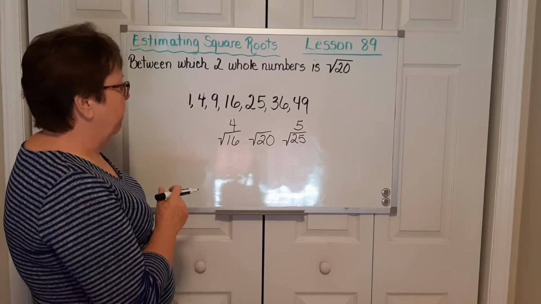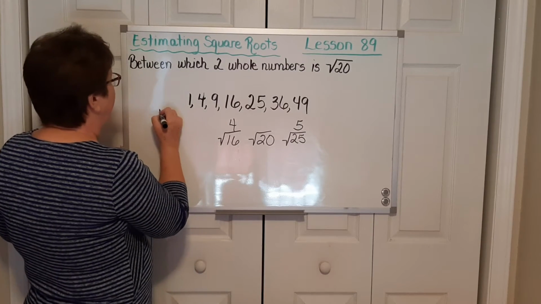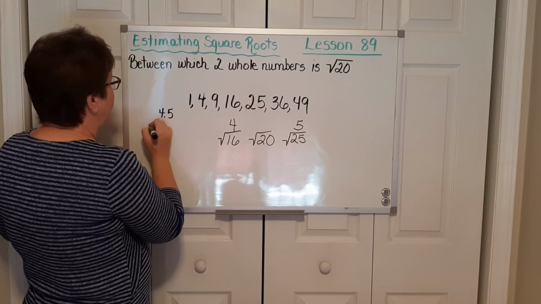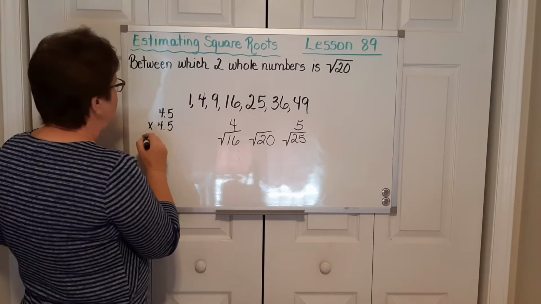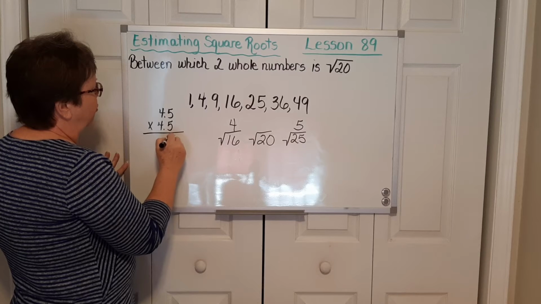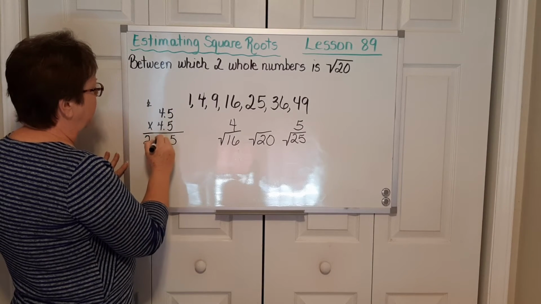So let's try 4.5, just to see how it works out. So we're going to take 4.5 times 4.5. All right, 5 times 5, 25. Carry the 2. 4 times 5 is 20, plus 2 is 22.